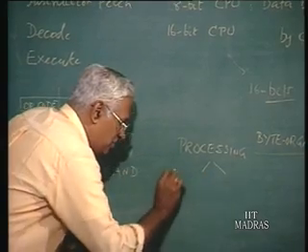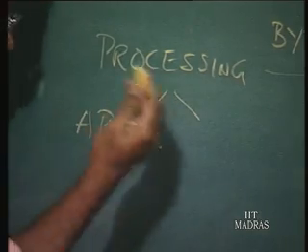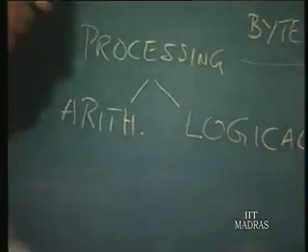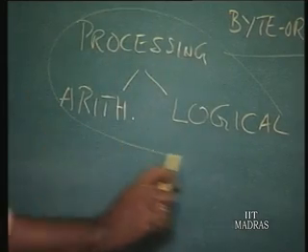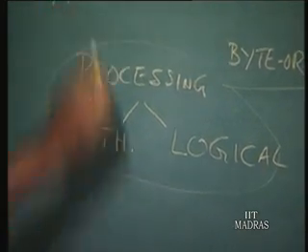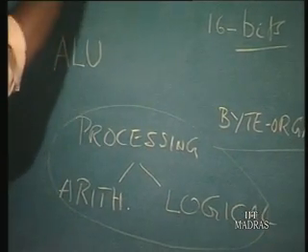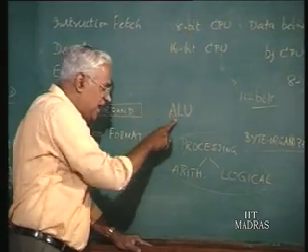I had said earlier, recall, that arithmetic processing or logical processing will be carried out, and for carrying this out we have the arithmetic logic unit or ALU. Essentially when we say 8-bit CPU, what we mean is 8-bit ALU.